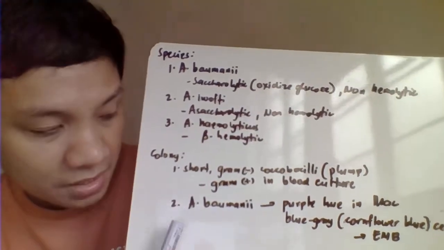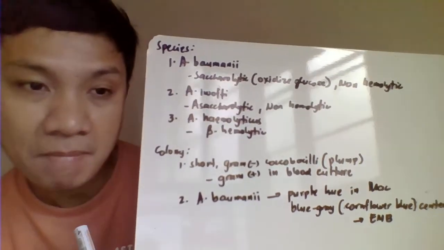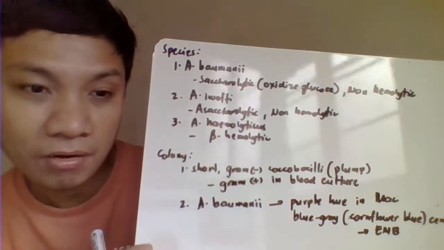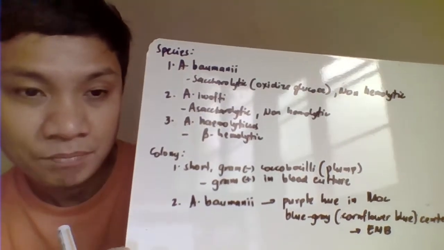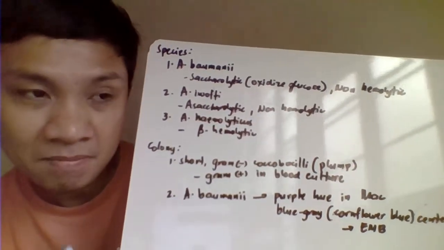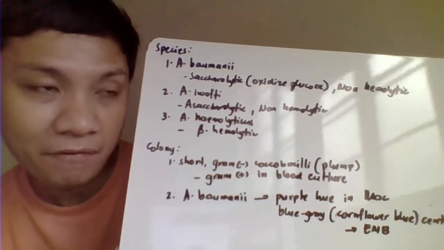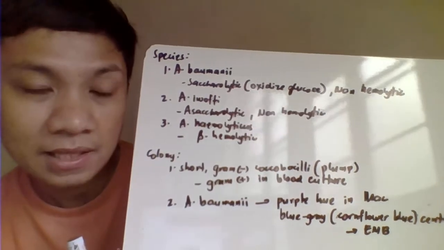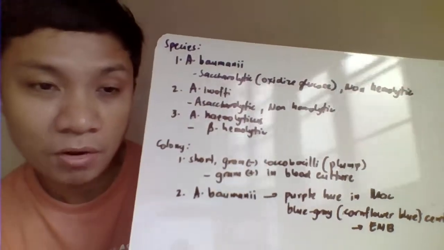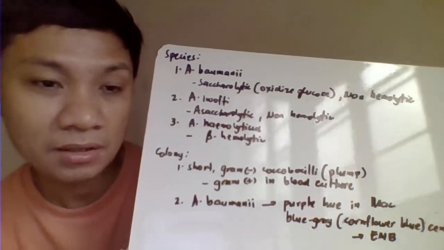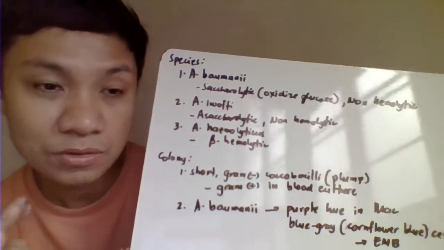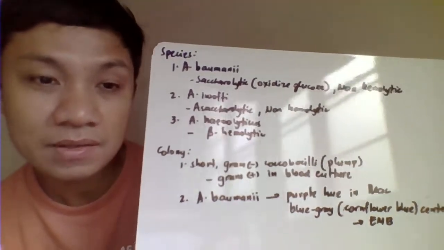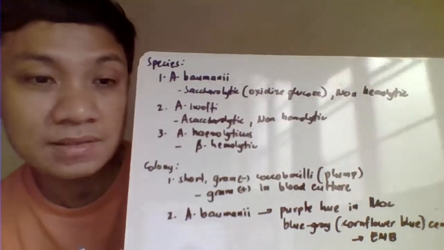Then we have also the colony morphology. In your MacConkey agar, it appears to be purple in color, and we consider this one a lactose fermenter. Because by nature, ang mga gram-negative non-fermenting na bacteria natin belonging to this group, Pseudomonas, Acinetobacter, Stenotrophomonas, and Burkholderia, supposedly, di ba, sa general characteristic natin kanina, they are colorless, non-lactose fermenters.